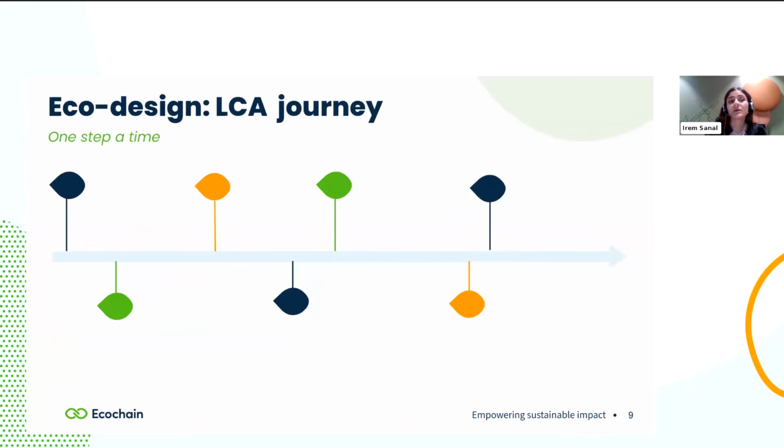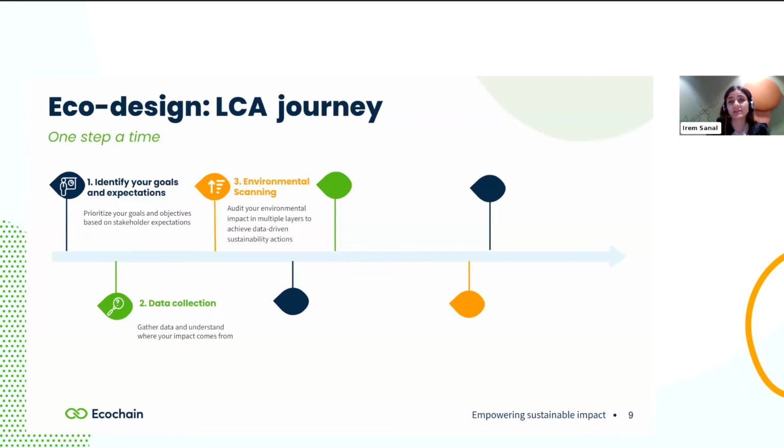Now I want to follow with how the eco-design journey will look for you, one step at a time. First, we start with identifying your goals and expectations, followed by gathering data from your suppliers and your company's facility-level emissions. Once they are ready to go, finally, we can scan your environmental performance.